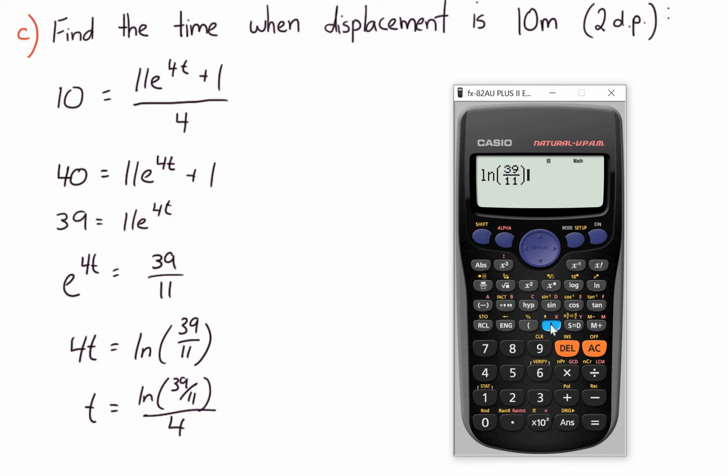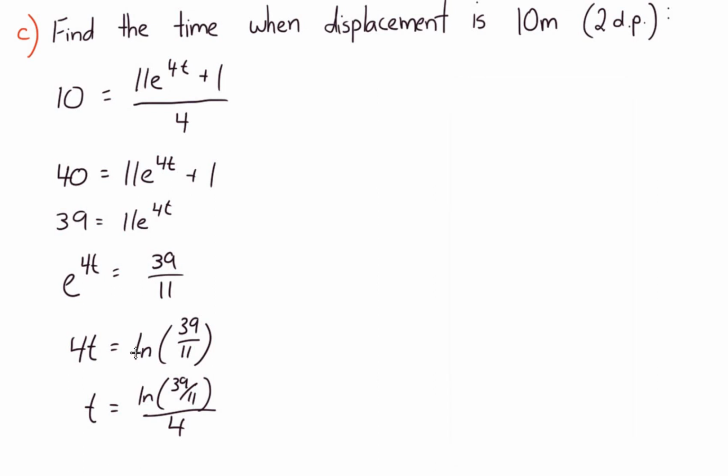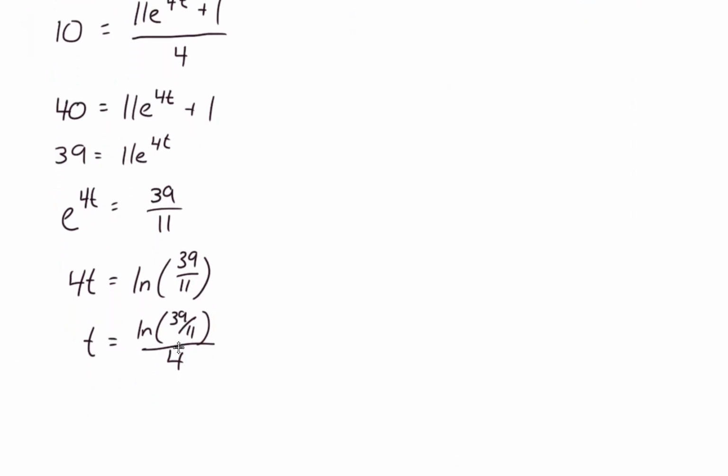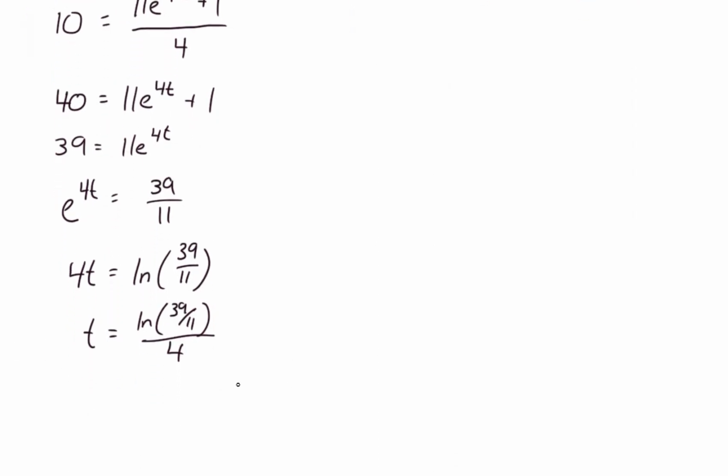That's what we're taking there, but then that is all over 4. So we get correct to 2 decimal places, t is equal to 0.32. And because it's a quantity, we want the correct units, and so that will be 0.32 seconds. And that finishes us for our first example.